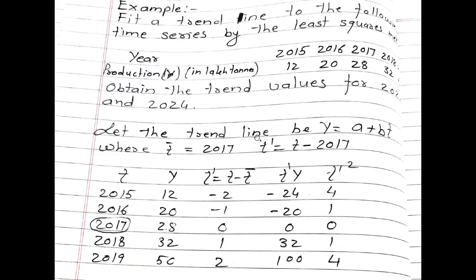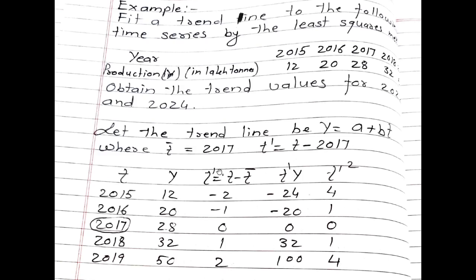So let the trend line be y = a + bt', where t̄ is 2017 and t' = t − 2017. The t and y values are given in two columns. The t column is 2015, 2016, 2017, 2018, 2019, and the respective y values are 12, 20, 28, 32 and 50.